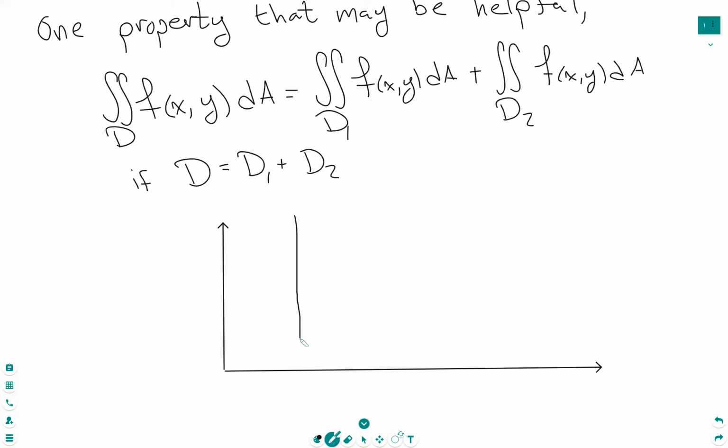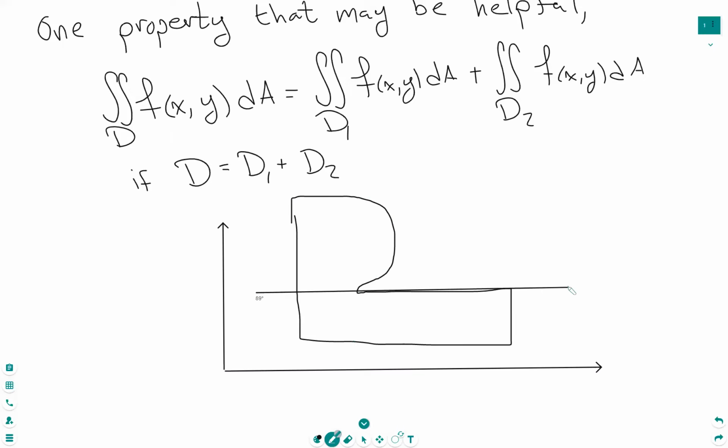So what if I do something like this? I could actually do a type, it doesn't matter. The point is, if you separate the regions, you could have a region that is a rectangle, perhaps, or maybe a type 1 or a type 2.